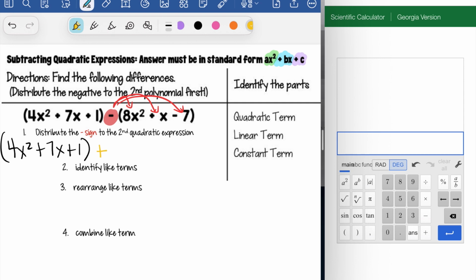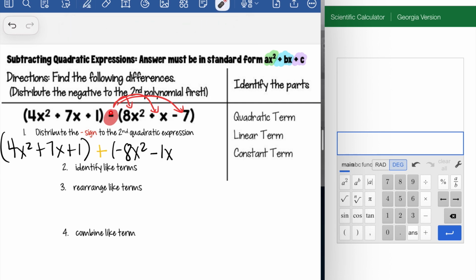And to do that, I'm going to distribute this negative sign to each one of these, meaning I'm going to multiply a negative to a positive 8x squared, which will change it now into a negative 8x squared. And when I distribute the negative to positive x, that will change it to a negative x, or you can say negative 1x.